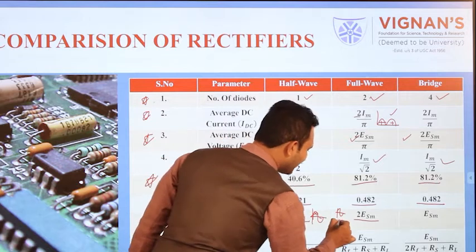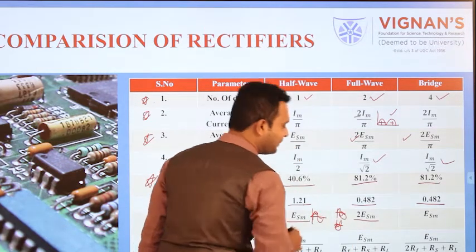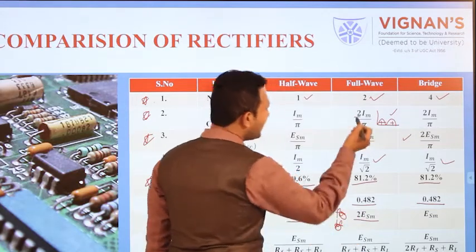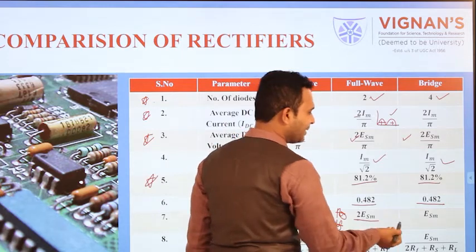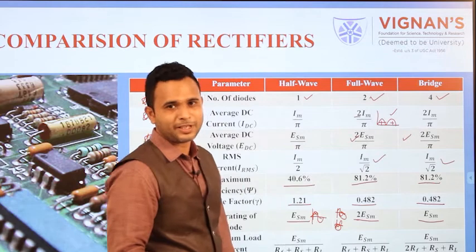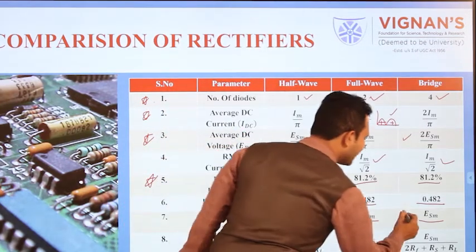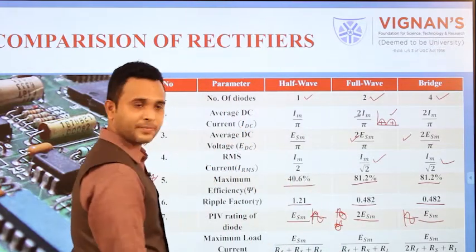The diode must withstand this and this, so the total peak inverse voltage is 2 Esm. But for the bridge rectifier it is only Esm, because in the transformer secondary we get only a single sine wave.